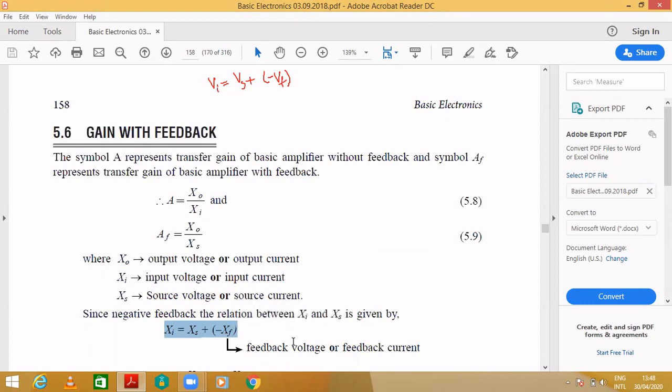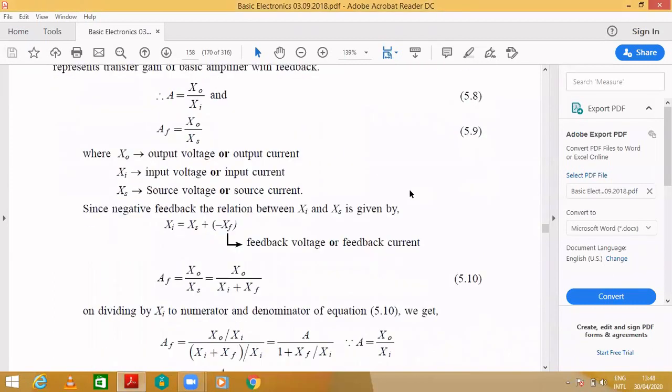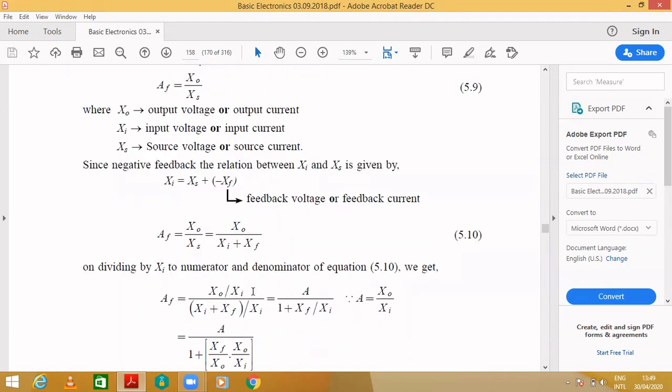Next step: AF is similarly x0 by xs. I already showed xs; if you transfer this side, it becomes xi plus xf. That's what I have written, xi plus xf, and we call it an equation number.